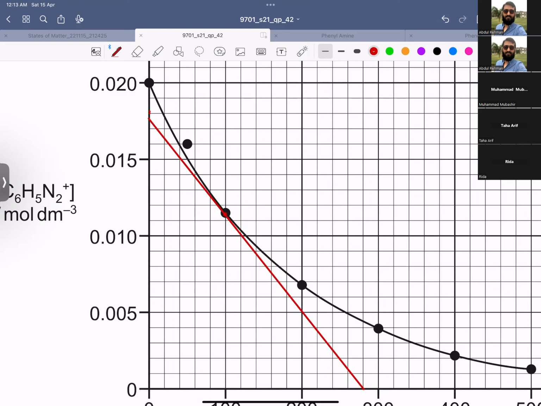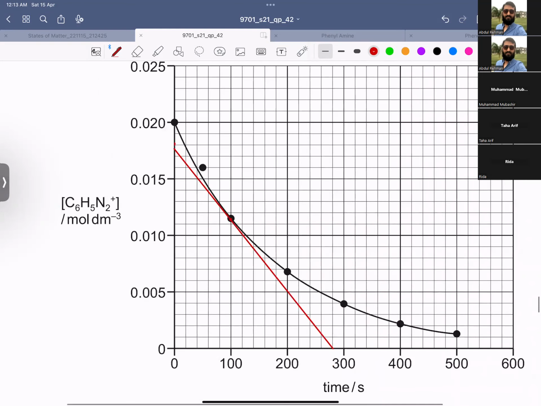Yes, now like that, the tangent is at 100 seconds. Now you have got a tangent. Now find the rate.